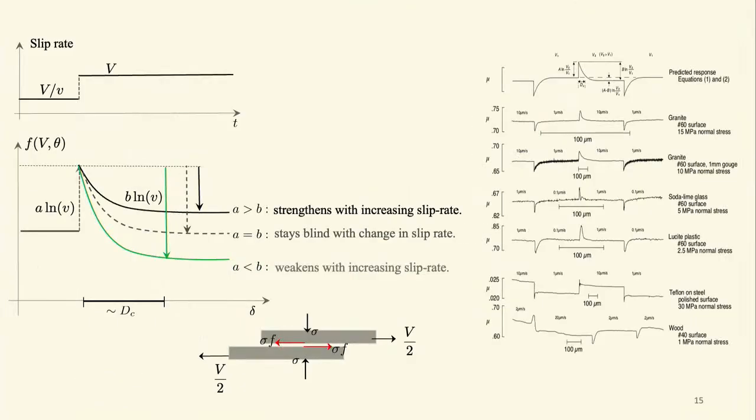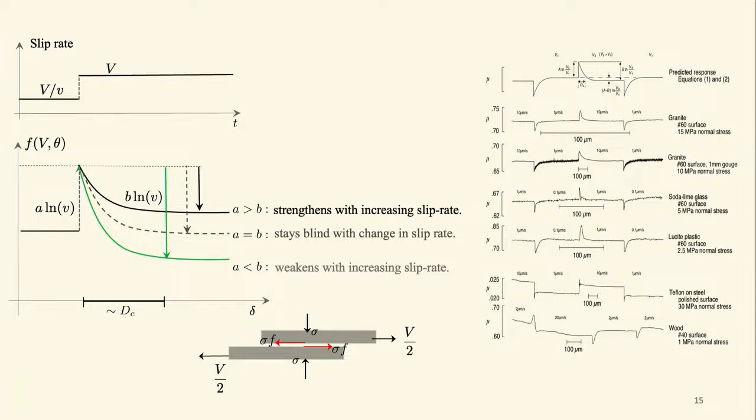Going further, I think this picture explains pretty much everything: if you change the sliding rate, your rock samples show this. These are real experiments, so no words required. This is what people see.